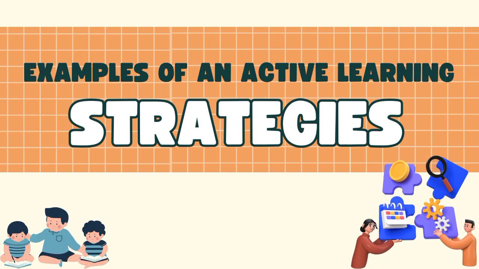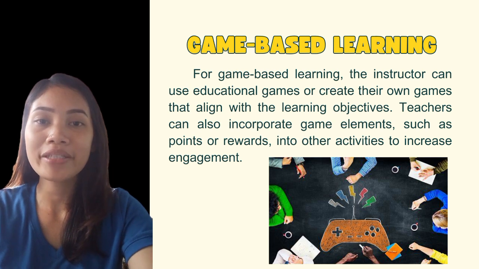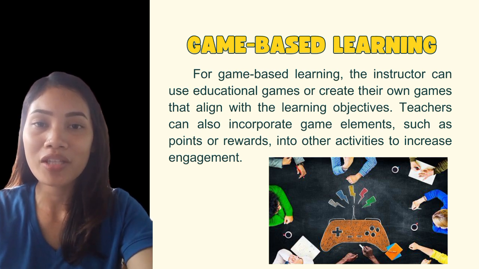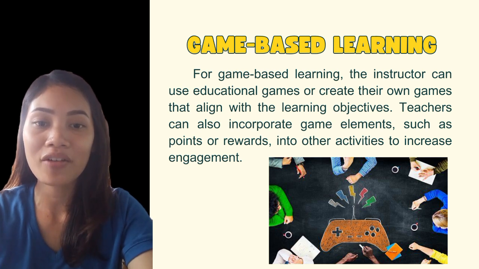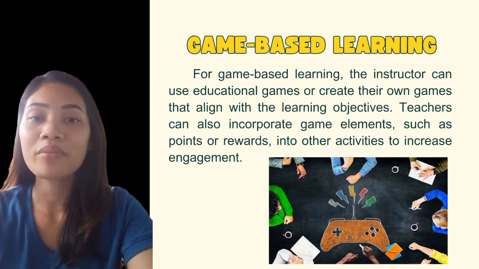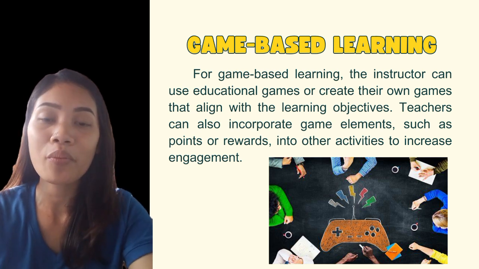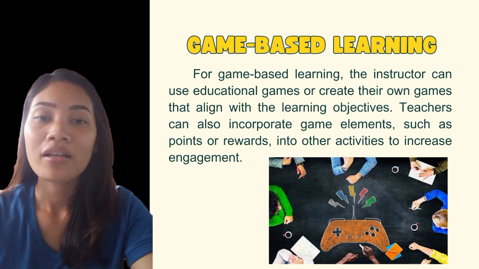So, good morning everyone. We are now going to talk about the examples of active learning strategies. First, we have game-based learning. For game-based learning, the instructors can use educational games or create their own games that align with their learning objectives. Also, teachers can incorporate game elements such as points or rewards into other activities to increase the engagement of the students.